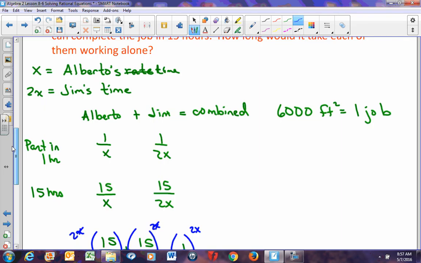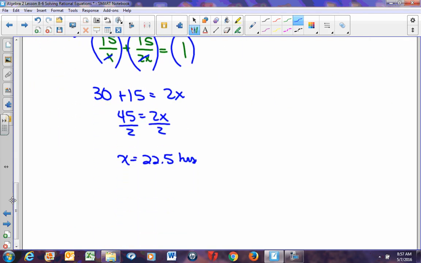So it takes Alberto 22.5 hours. So Jim is 2x, which equals 45 hours. Working alone, it will take Alberto 22.5 hours and Jim 45 hours.